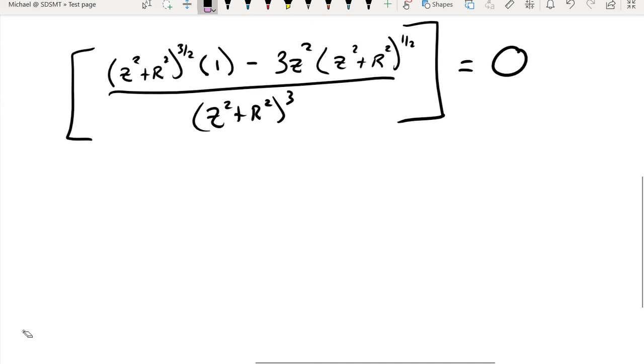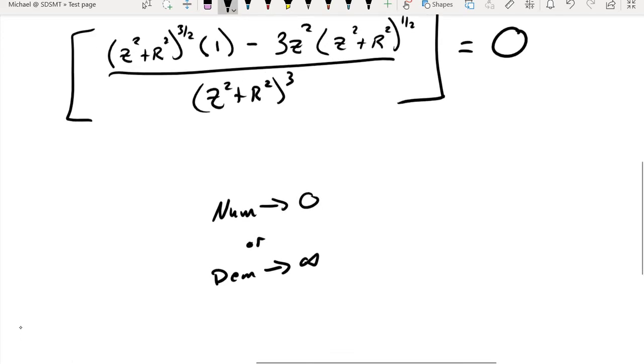As for the rest of it, there are 2 ways that this expression can collapse down to 0. One way is if the numerator goes to 0, or if the denominator goes to, excuse me, not 0, infinity. These are the two ways that the entire expression could go to 0.